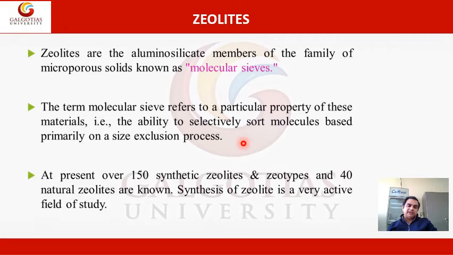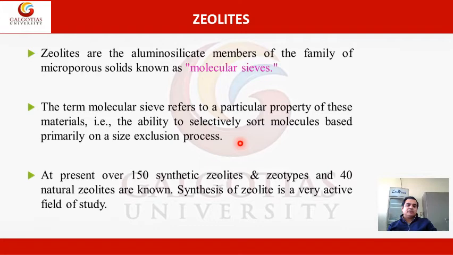If the atoms or ions are larger than the defined size, they will be stopped by the zeolite, while atoms smaller than the zeolite pore size will be allowed to pass into them. So we can sort different molecules based on size, and that can be utilized for various purposes.